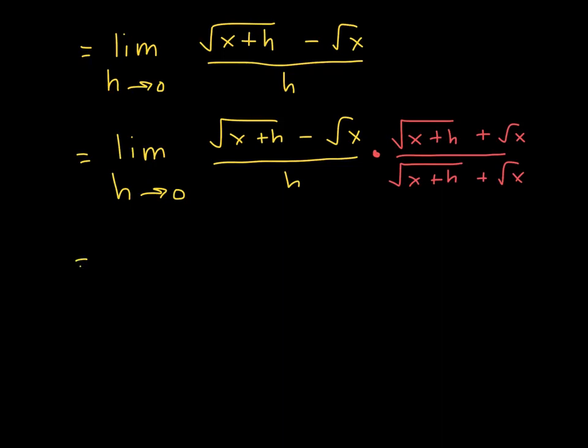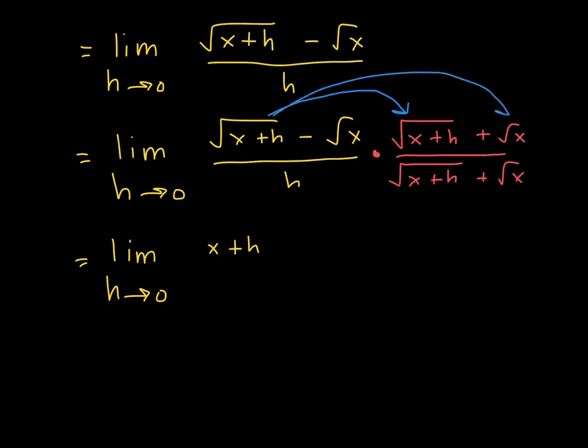What this does for us is it gives us the limit as h approaches 0 of, all right, here, the square root of x plus h times the square root of x plus h is just x plus h. And then notice, please, that this outer product and then this inner product cancel.